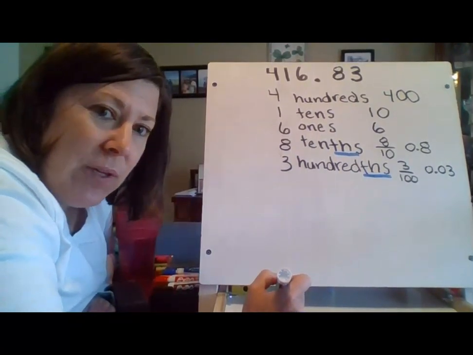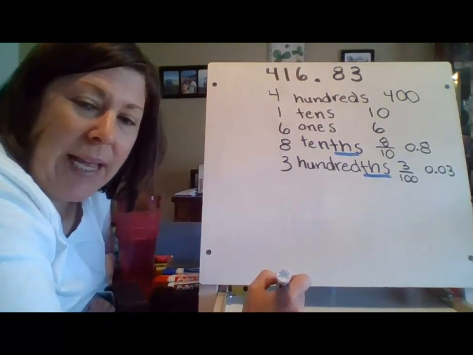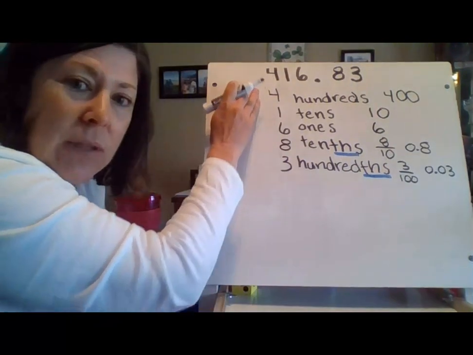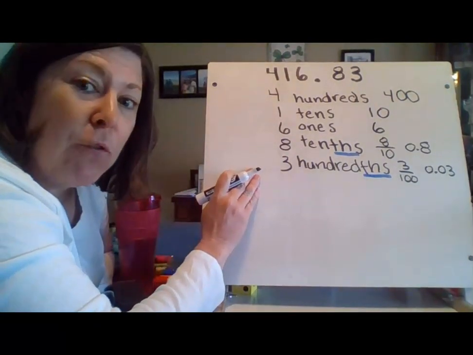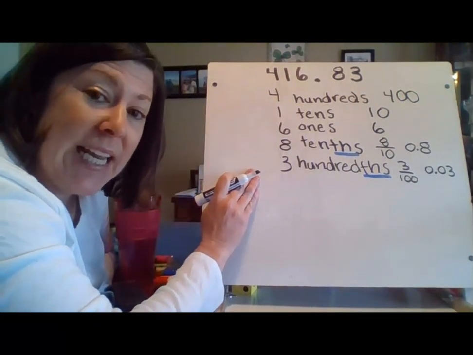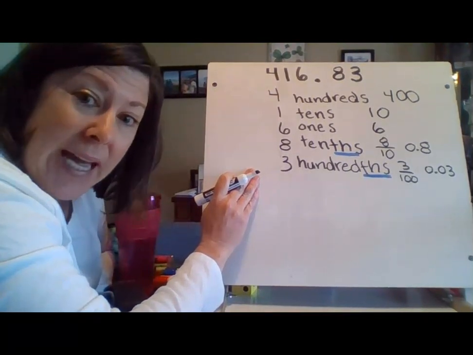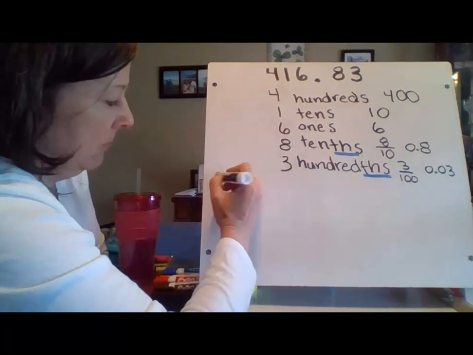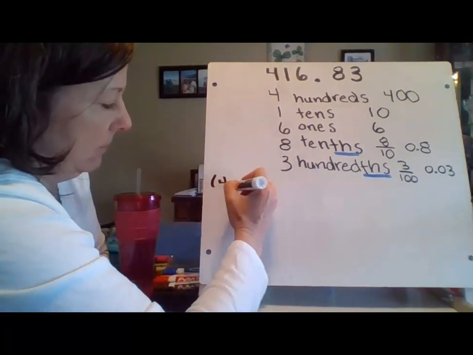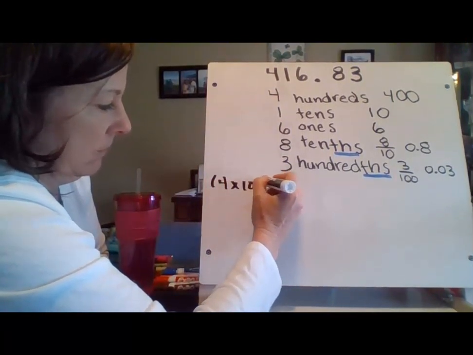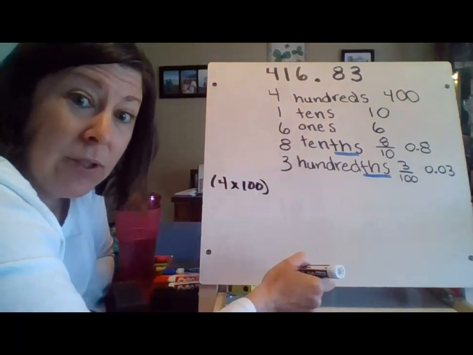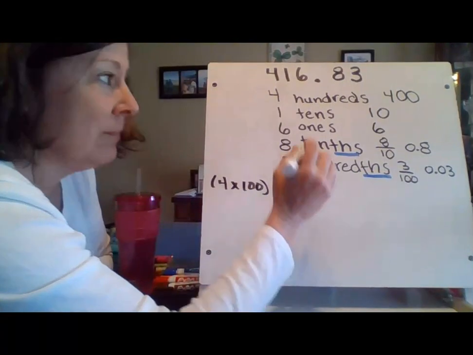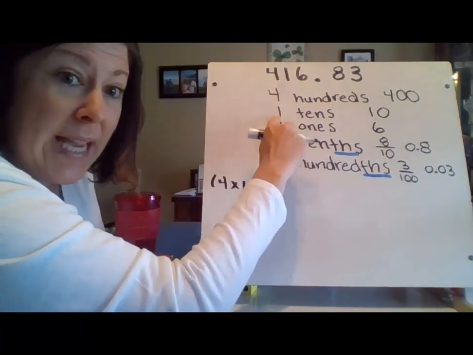But let's go to number 3 again when I was talking about doing that expanded form. And it's going to be long, but we're going to do the expanded form for 416 and 83 hundredths. And I start with my 4. I have 4 hundreds plus 1 ten.